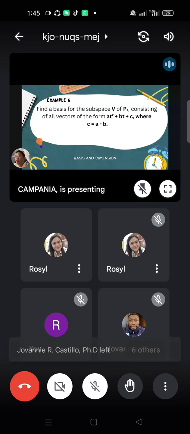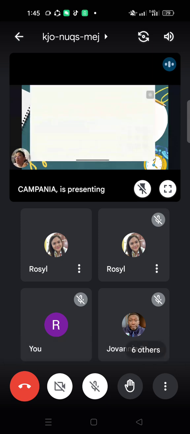So this is already under quadratic polynomials. Now we are going to find a basis, or at least one basis, for it. So a vector of P2 is at squared plus bt plus c, where again c is equal to a minus b.